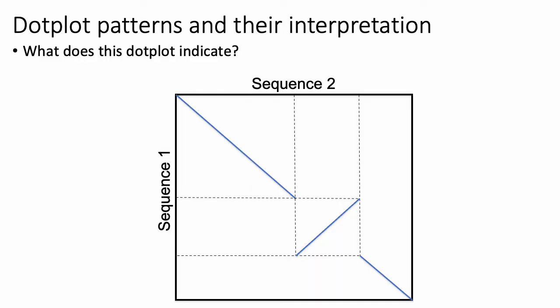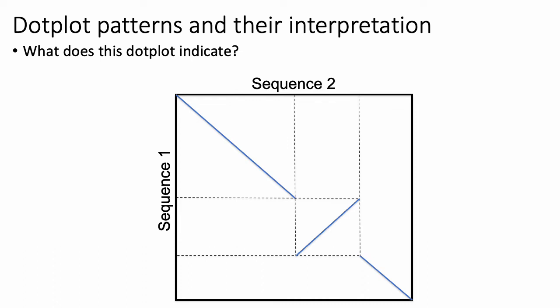Here's an example of a question that I think you should take a few minutes to answer before you move on to the next slide. I think now is a good time to take a 2-minute break to think about what this particular dot plot tells you.